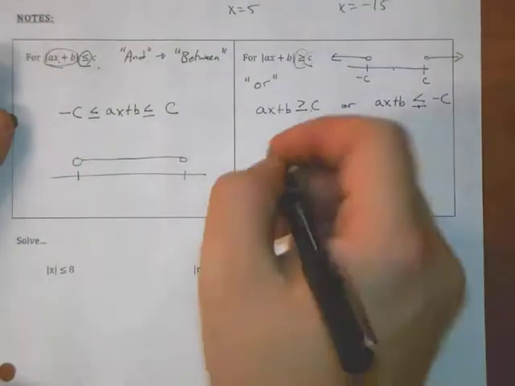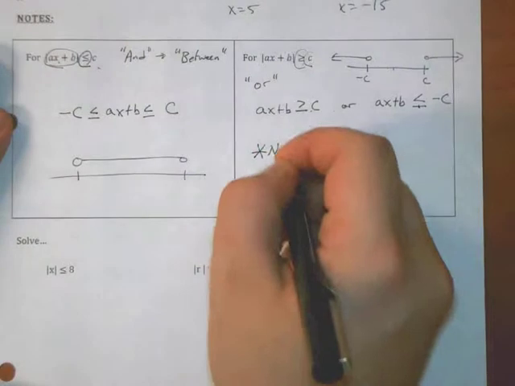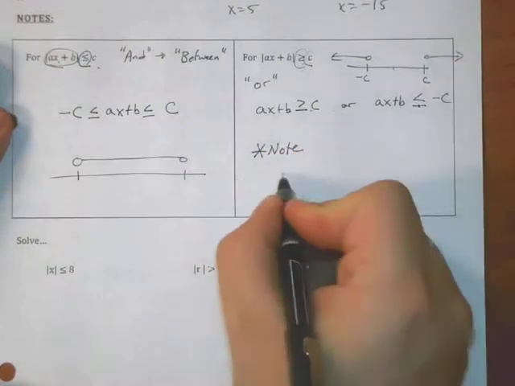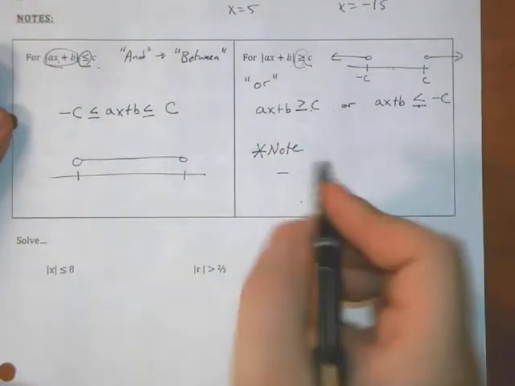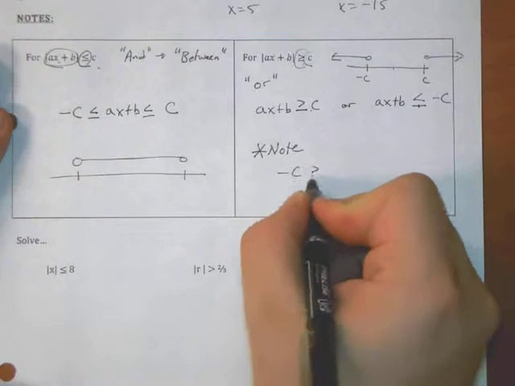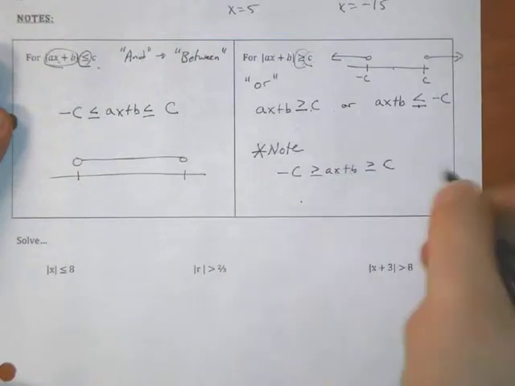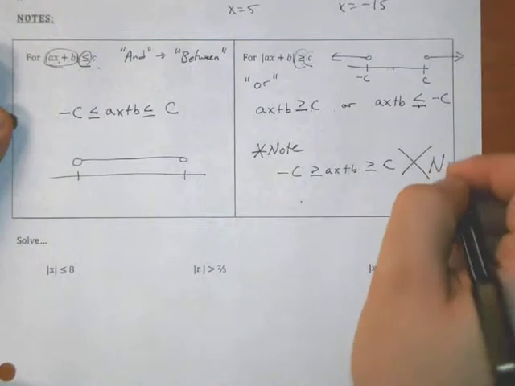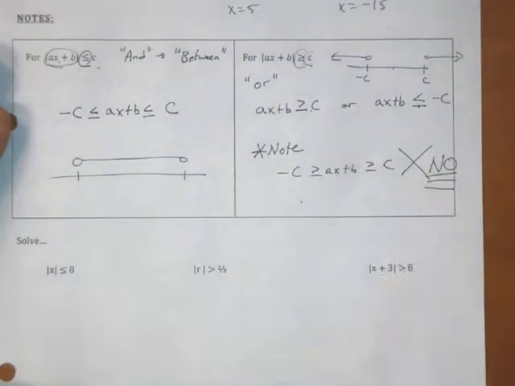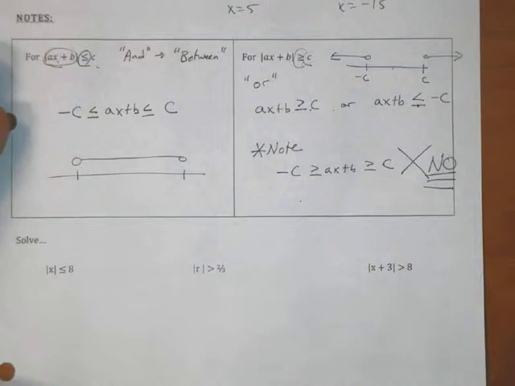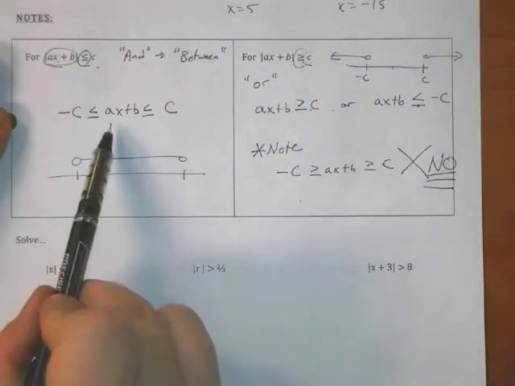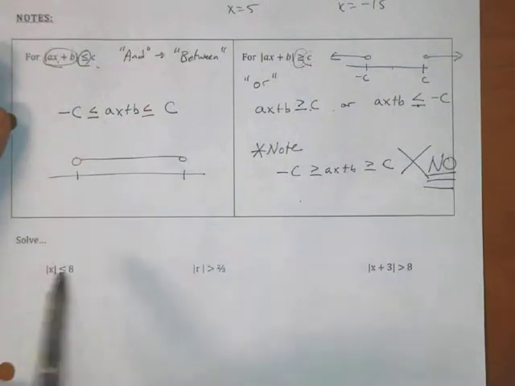Also, I'll give you a word of warning: if you just do the reverse of this, it's not a good idea. Don't do this. Okay, some of you will be tempted to just take whatever this is and flip all the signs around. This is not a good idea.